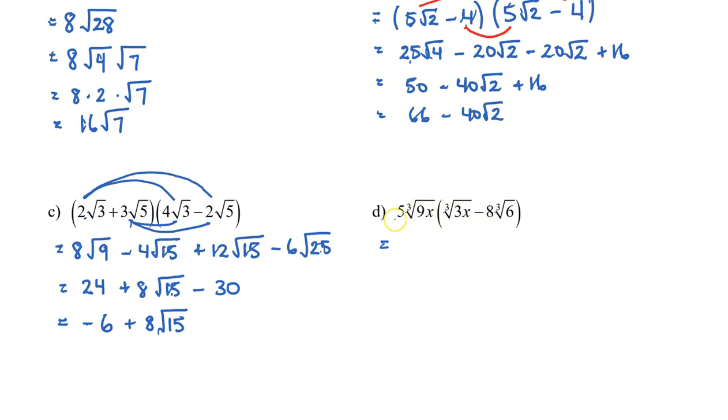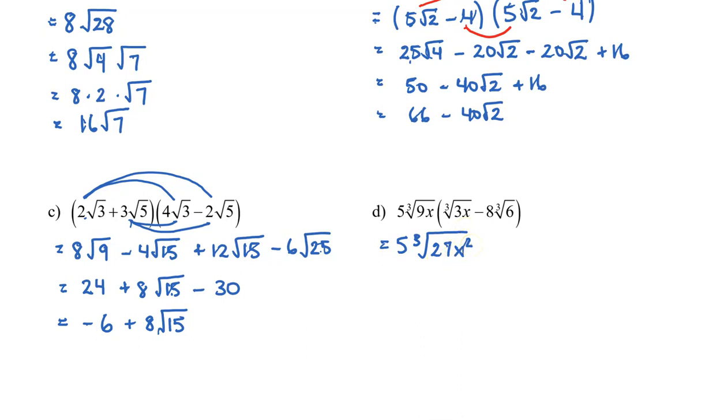So the first one here, we have 5, and then the coefficient of the first term in the binomial is 1. So we're going to go 5 times 1 is 5. And then we have the cube root, because both of them are cube root. And 9x times 3x is then going to be 27x squared.